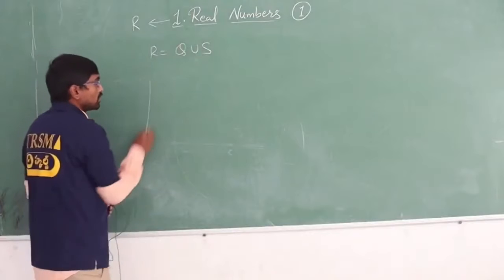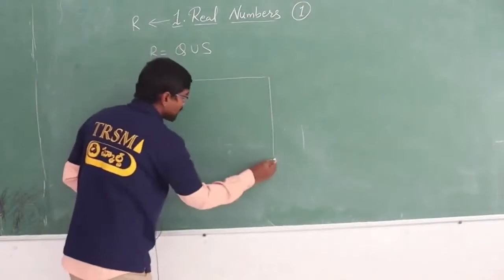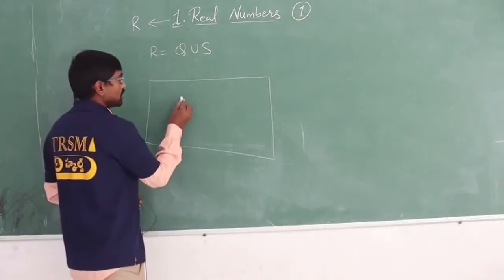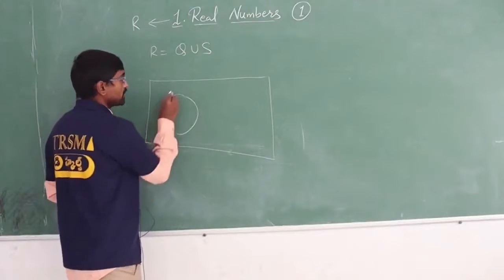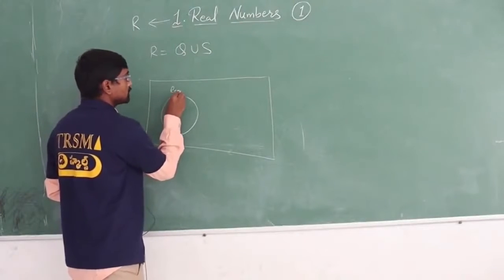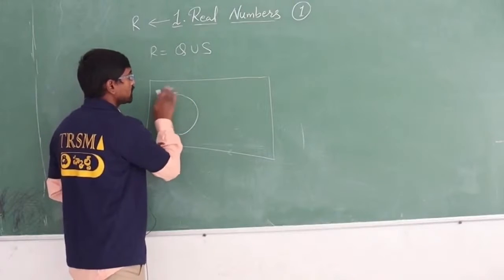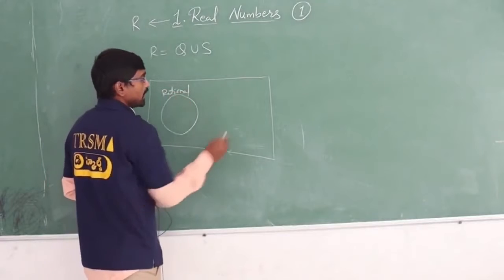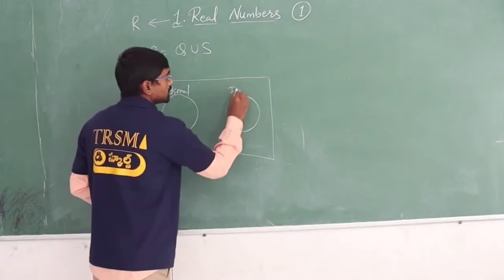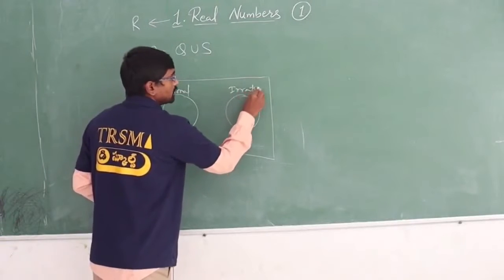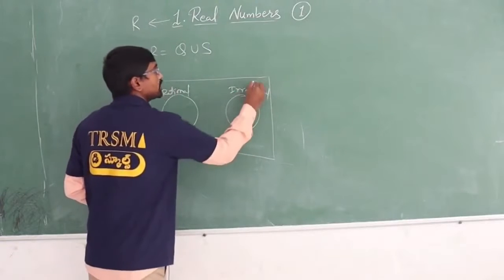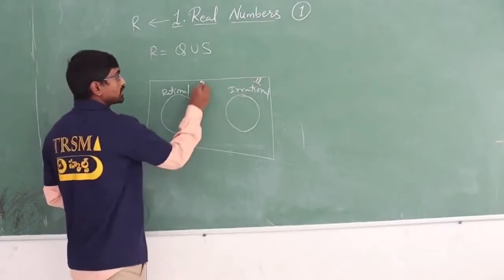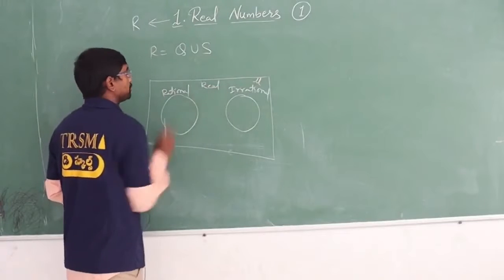So if I draw the Venn diagram, here we'll have real numbers, here we have rational numbers, and here we have irrational numbers. Here mu is the universal set, so this universal set is the real numbers.